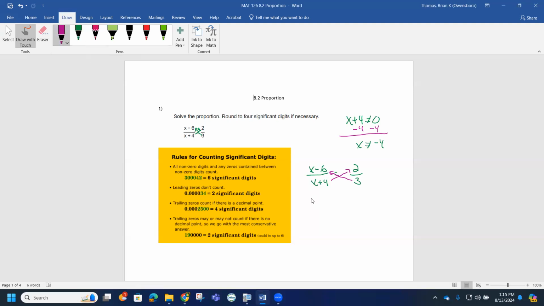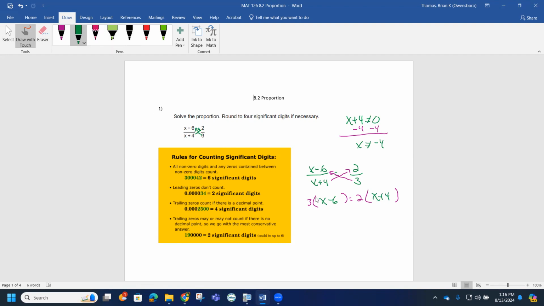So this is going to be 3 times the quantity x minus 6. This is going to be 2 times the quantity x plus 4. So when we cross multiply, that x minus 6 is going to get multiplied by the 3, and this x plus 4 is going to get multiplied by the 2. So math looks like this.